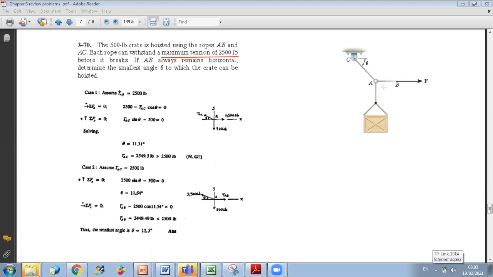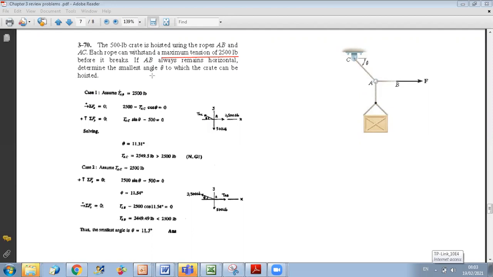In case I obtain one of the tensions higher than AB, then my assumption is wrong. From my calculation I can determine which one is the highest, and I repeat the calculation based on a new assumption.